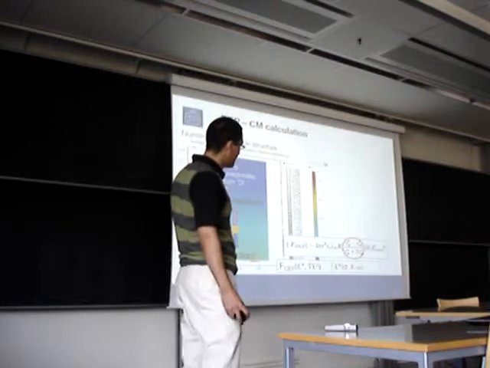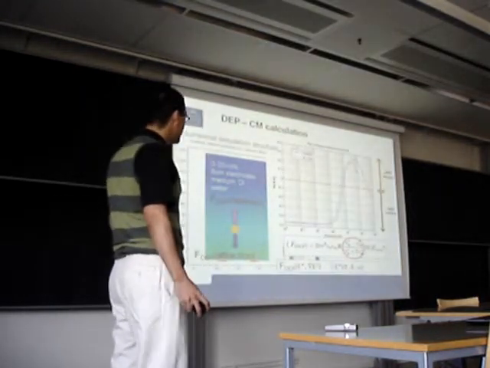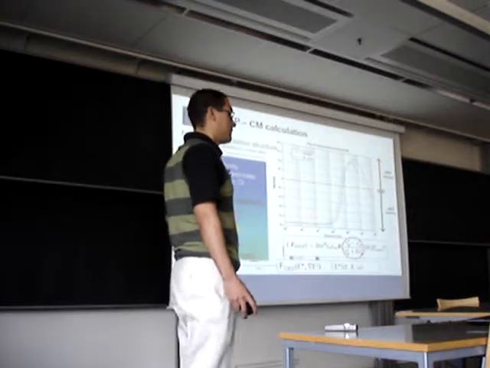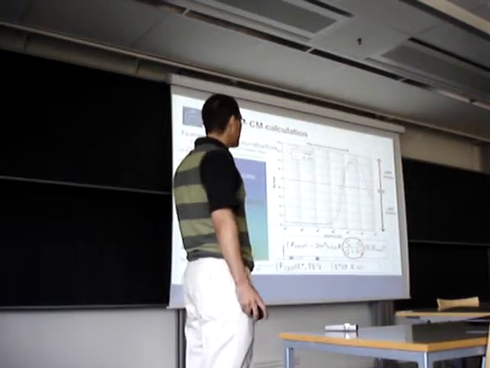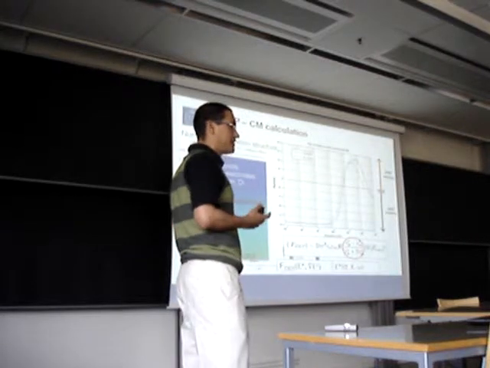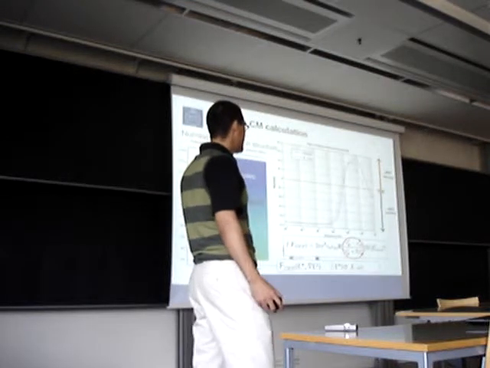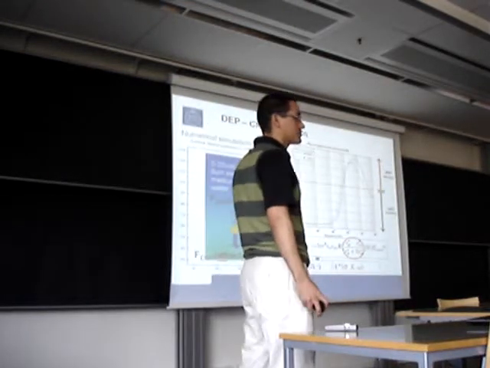This part here is called the Clausius-Mossotti factor. Based on this, I have the values for E. coli and yeast, and I made this graph to see in which frequency ranges I can see repulsion and attraction. In the lower frequency range, I can see that there are repulsion forces.